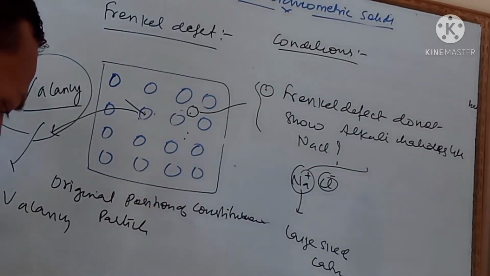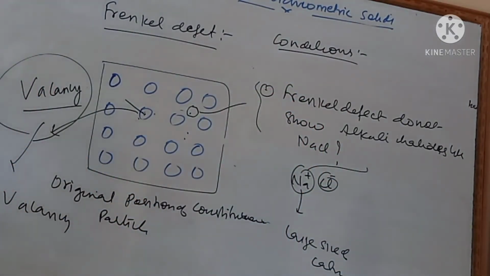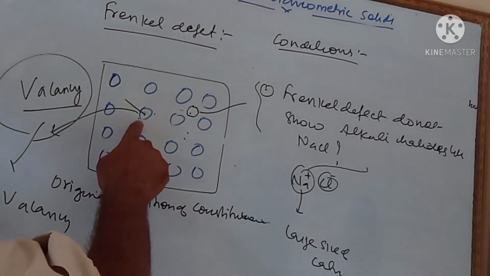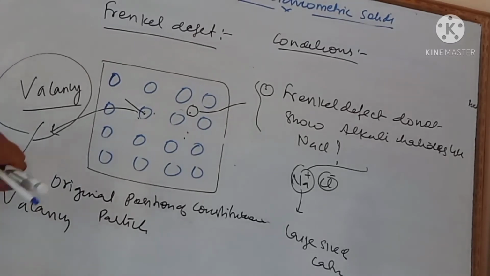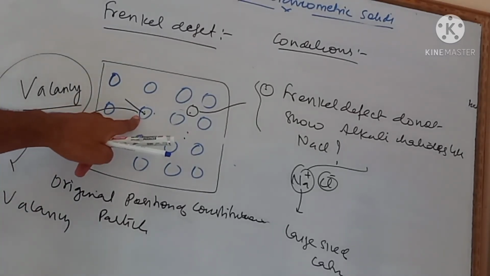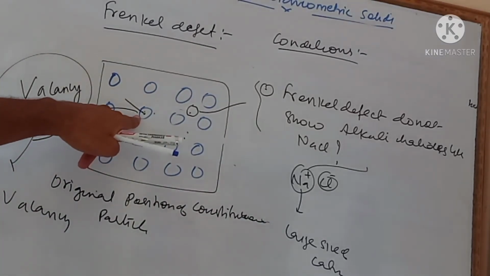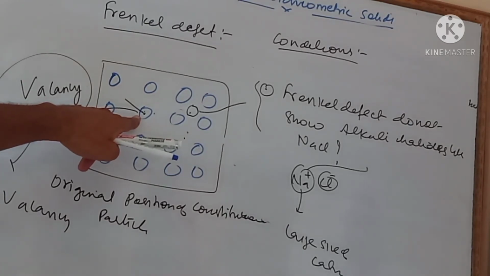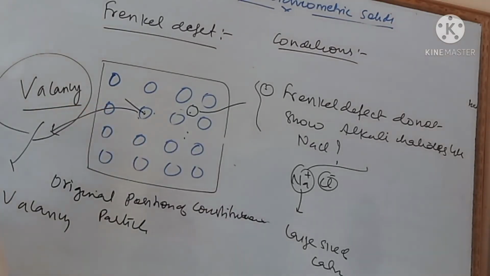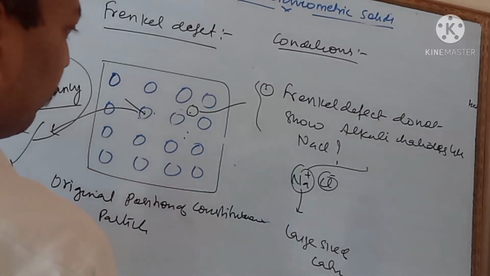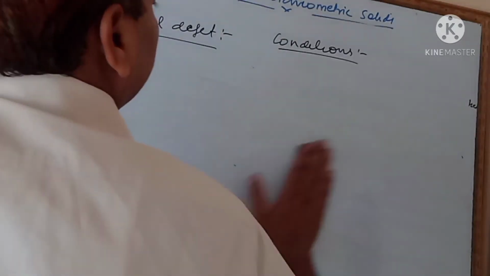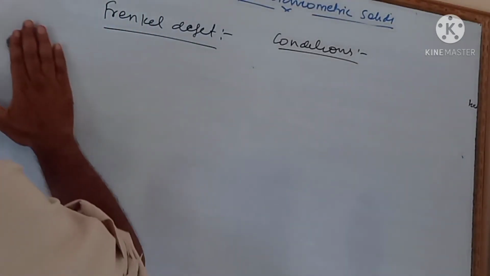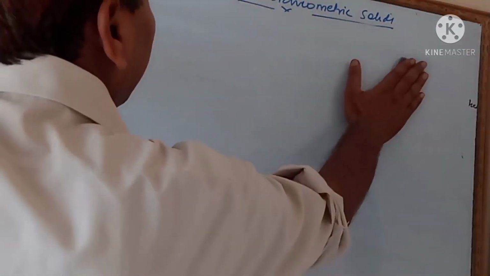Now the presence of holes, right, because of holes, it is a good conductor of electricity. Another point, the presence of holes decreases the lattice enthalpy or stability of ionic crystals. This is a conclusion. If the number of holes increases, the crystal may collapse.